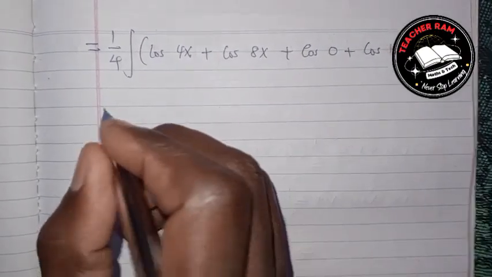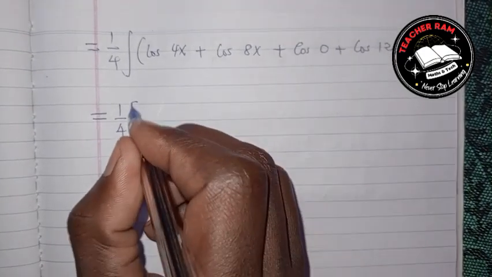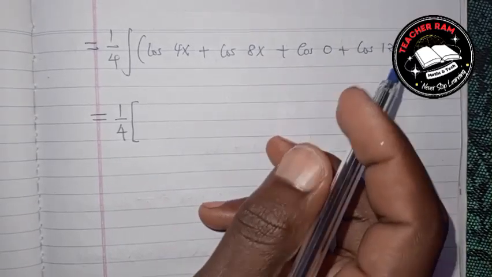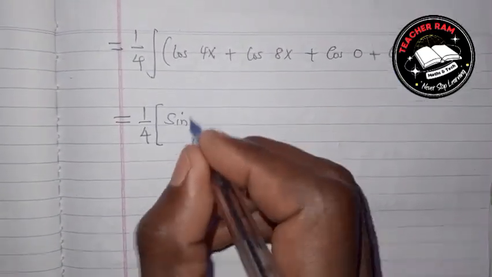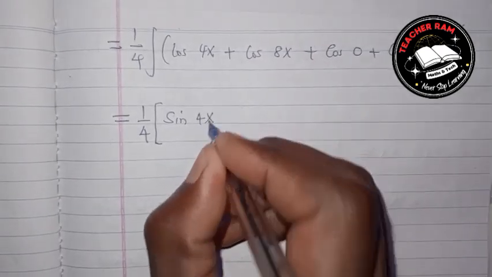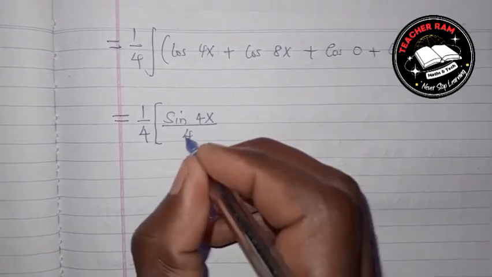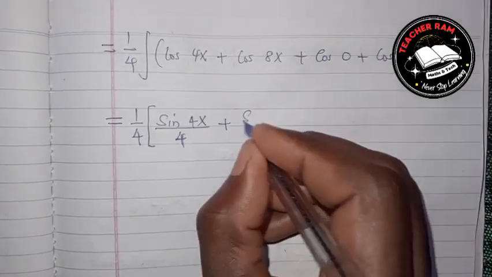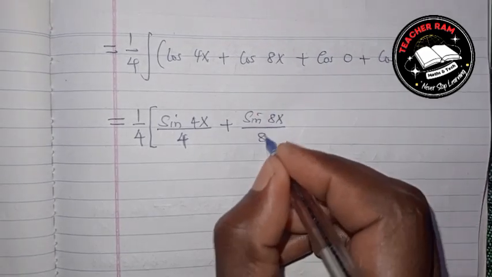So it will be equal to 1 over 4, then opening bracket, integral of cosine of 4x with respect to x. Integral of cosine of an angle is equal to sine of an angle, then divided by the derivative of that angle, which is divided by 4, then plus cosine of 8x will be sine of 8x, then divided by the derivative of that angle, which is 8.